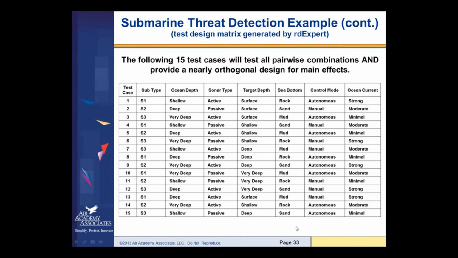But of those 21 two-way interactions, the only two-way combination that had not been tested in the previous 14 runs is sand and minimal. Now I don't know the underlying algorithm that is used in RD Expert, but I suspect run number 15 had to be added on there to get the sand minimal combination that has not been tested before.